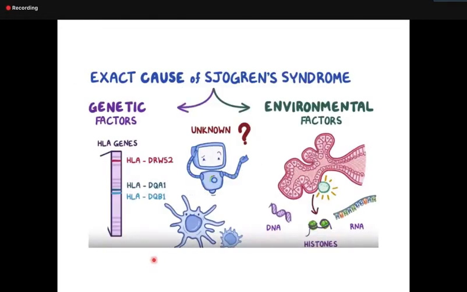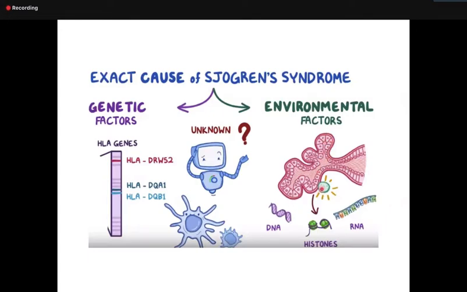Now, what is the underlying cause? We don't know, like most of the immune-mediated diseases, but it is thought that it is in the presence of some genetic factors like a specific type of HLA alleles. When viral infections occur, they cause destruction of the salivary glands.